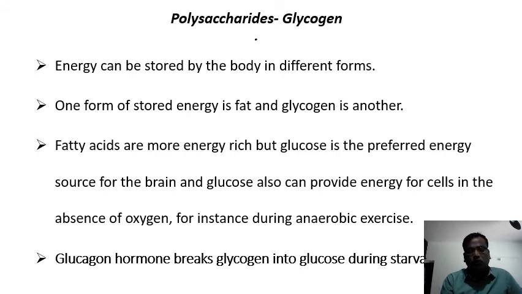Even though the lipid molecules, the fatty acids, are a source of energy, some tissues of our body like nervous tissue can use only glucose as a source of energy. Therefore, in general, the human body prefers glucose molecules as a source of energy.